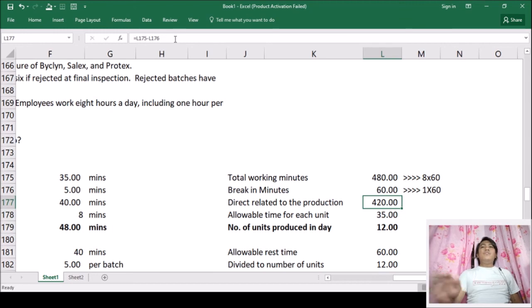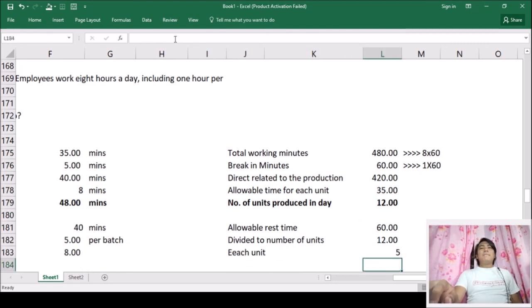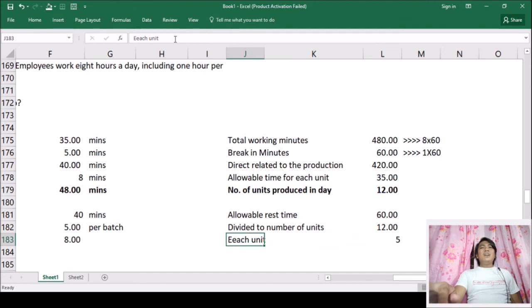If we divide 420 by 35, we have 12 units. So, in a day, we are expecting that each laborer can produce 12 units.